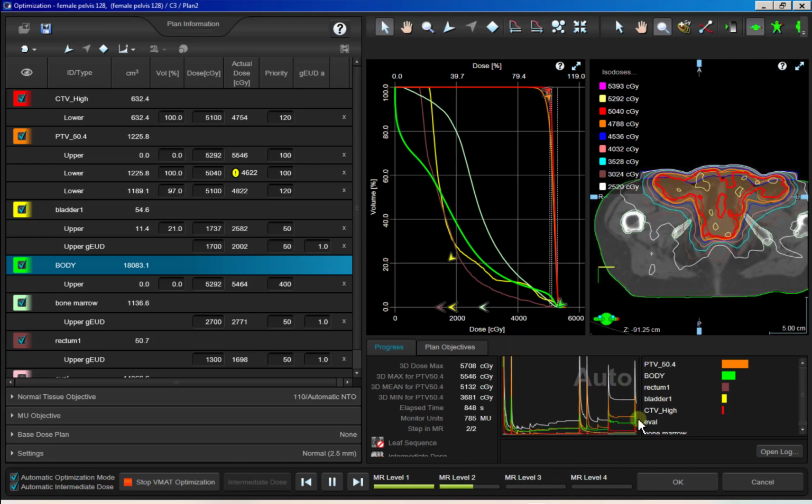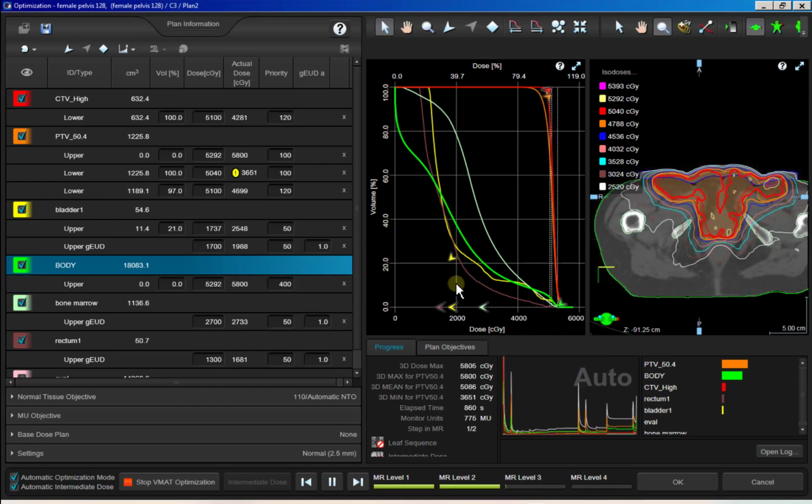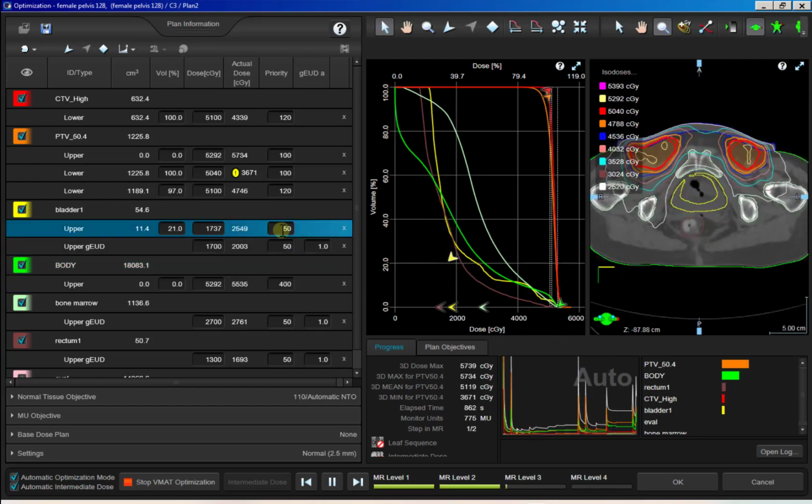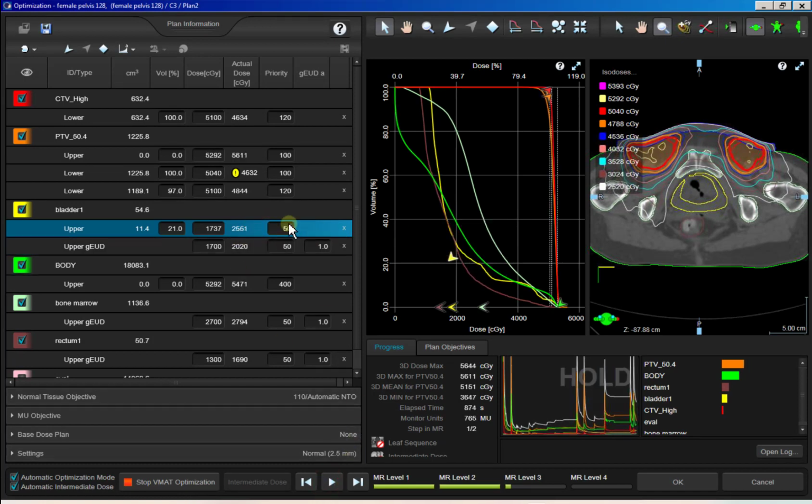So again, I would pause at all these spikes. When it gets to level 3, I definitely pause, and that's when I evaluate my OARs. If I have a constraint that I'm not meeting, an objective that I'm not meeting, that's when I would slowly, that specific upper that I added for that specific objective or constraint, that's when I start to slowly up the priority on that.